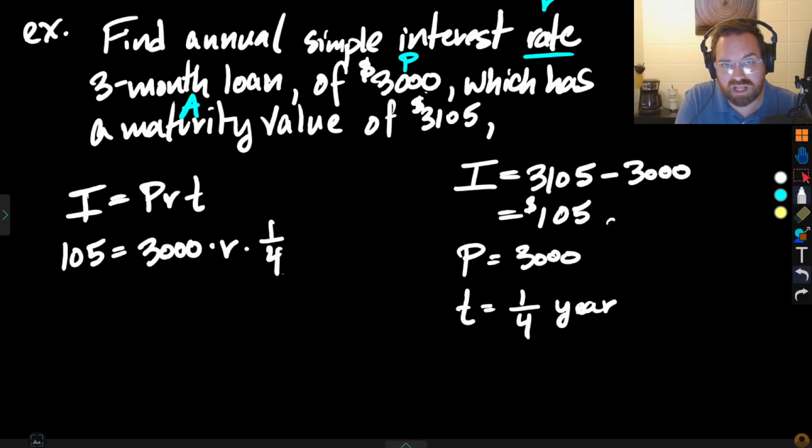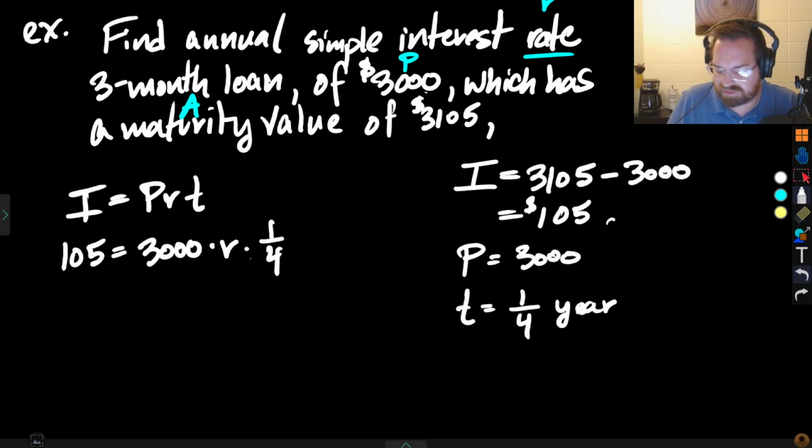I could go and use this exact same problem, using the A is equal to P plus I, or A is equal to P plus PRT. I could do that. That's fine. I just wanted to show you a different way to work on this problem. You may like this way better. You may like the prior problem, the process I went through in that question. That's fine. Again, choices is kind of where I'm at today.